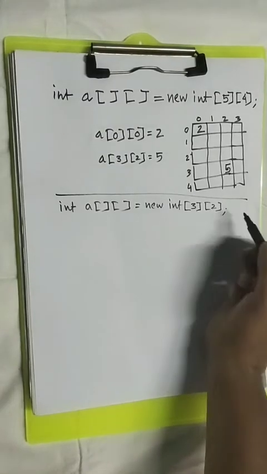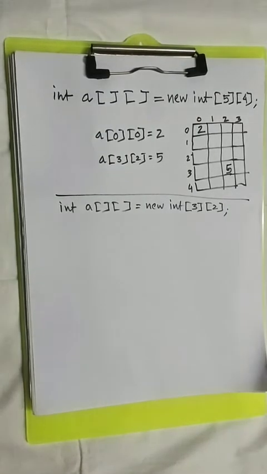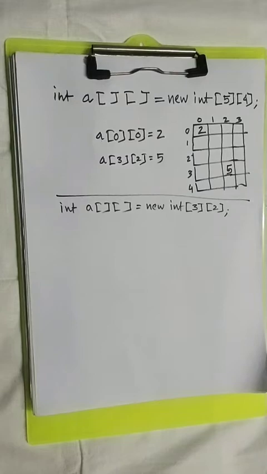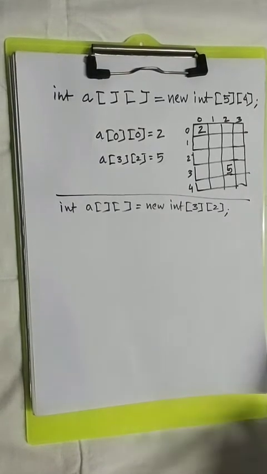I have created one array with 3 rows and 2 columns. That means we are going to store 6 numbers in this array.